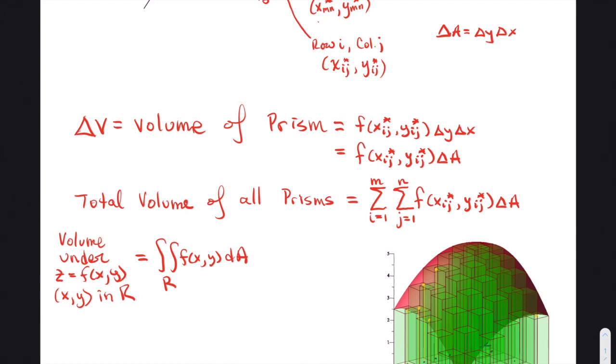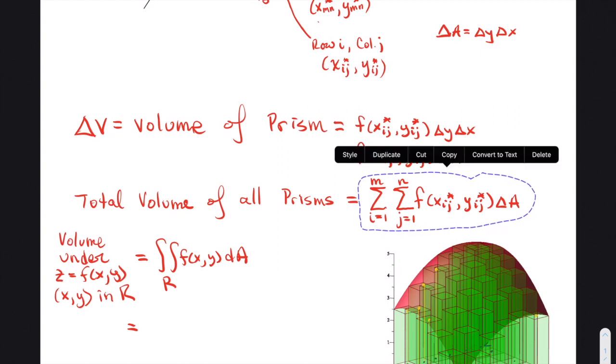And this is just going to be the sum that we did previously, but then we're going to take a limit as the number of rows and columns both go to infinity.